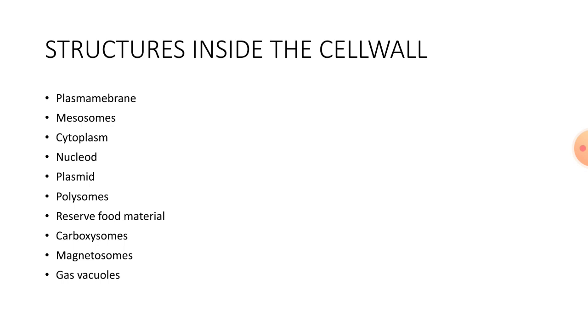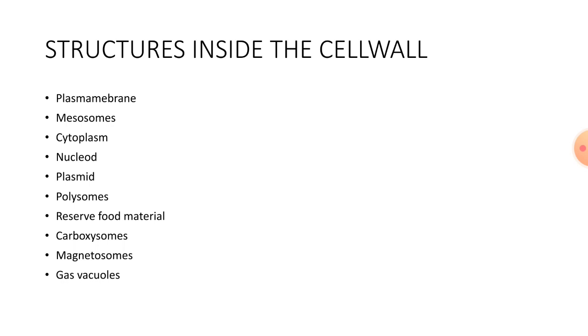In some bacteria, we can see a special structure called magnetosomes. They have magnetic properties. So the bacteria which have these magnetosomes are called magnetotactic bacteria. With the help of these magnetosomes, they orient in north and south directions, maybe for a better life. In some bacteria like Halobacterium or aquatic bacteria, we can see small vacuole-like structures filled with gas.